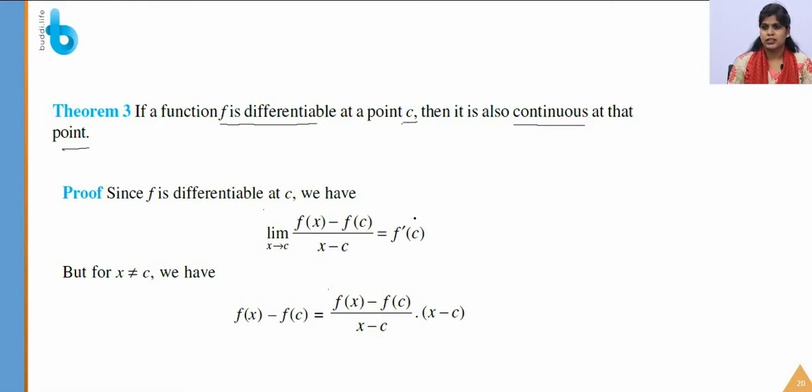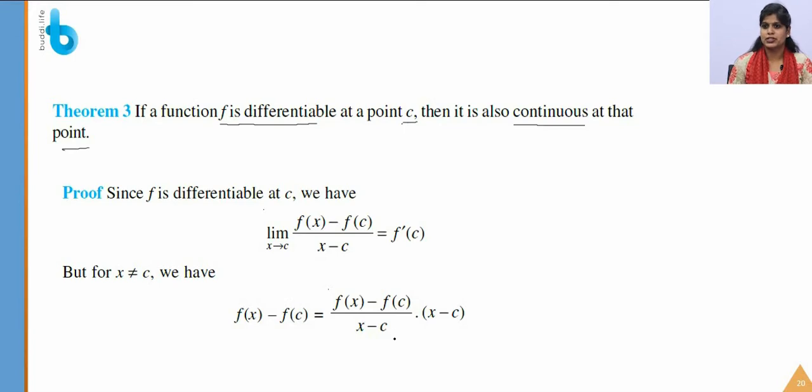f'(c), as we just saw how a function is differentiable, is the limit as x tends to c of (f(x) minus f(c)) divided by (x minus c). Now take f(x) minus f(c) alone, multiply and divide by (x minus c), and apply the limit on both sides.